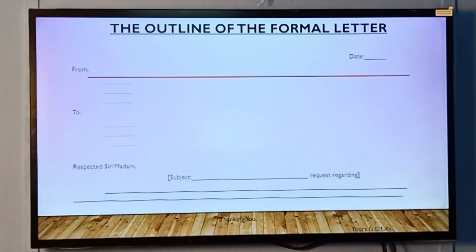After that, the to address, then respected sir or madam, then comes the subject according to the question, then the lines given below are for the body of the letter, you can write it elaborately, then finally thank you, and in the right hand side bottom corner you have to write yours faithfully and your name.